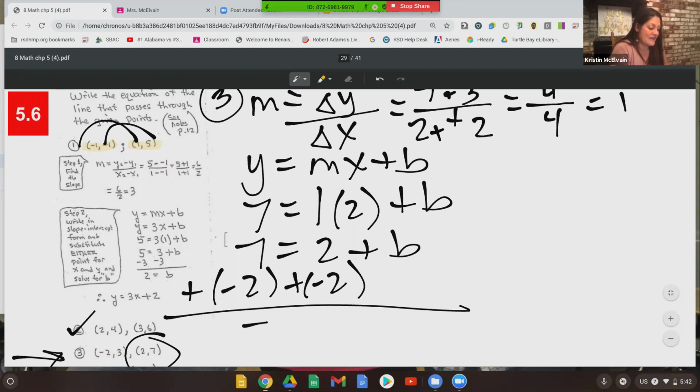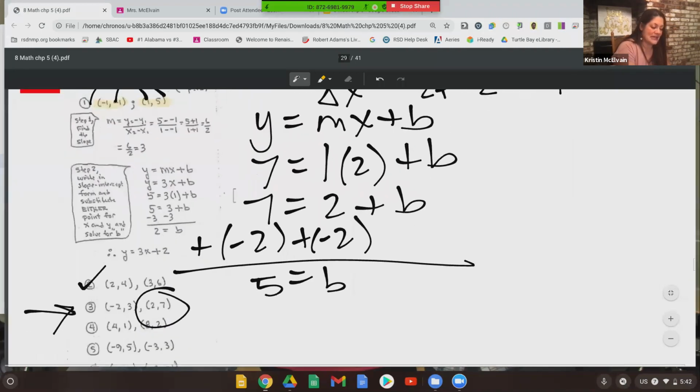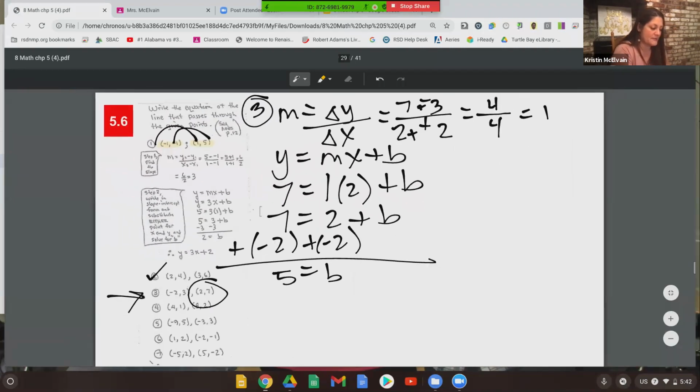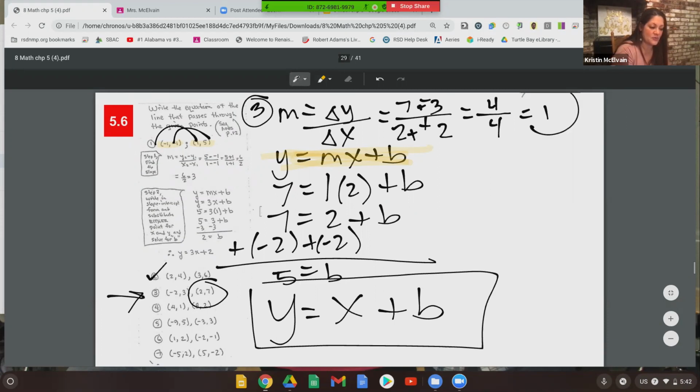Gives me 5 equals b. Plug that into my slope-intercept form right here. I'm going to have y equals x plus 5. That's my slope of 1. It could be 1x plus 5, but we know that if it's just an x, the 1 is the coefficient. There is number 3.